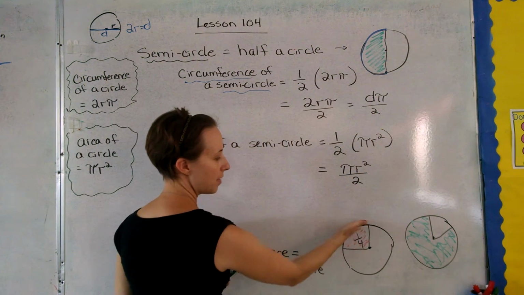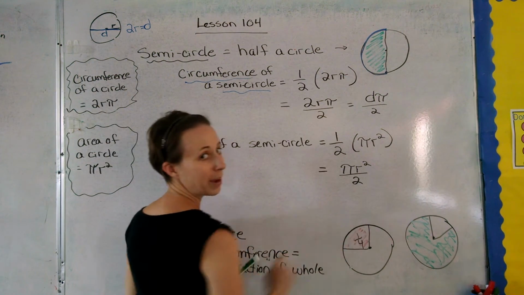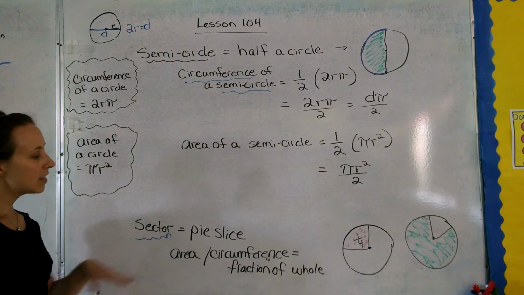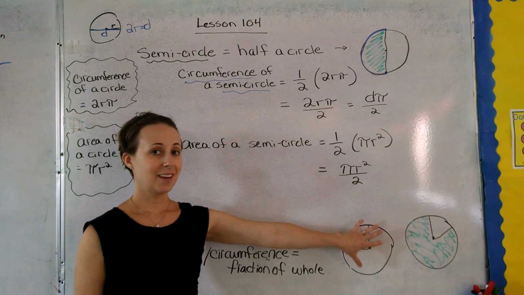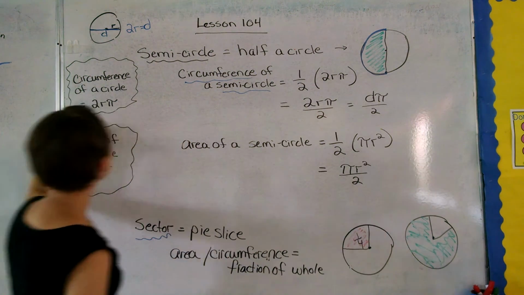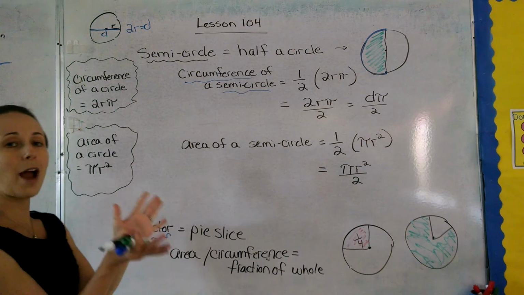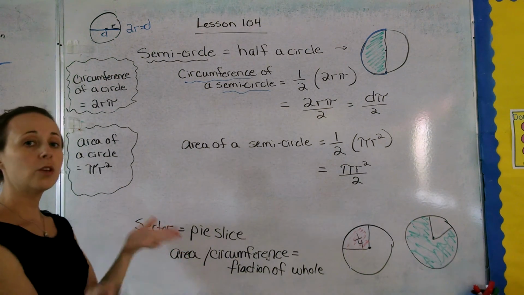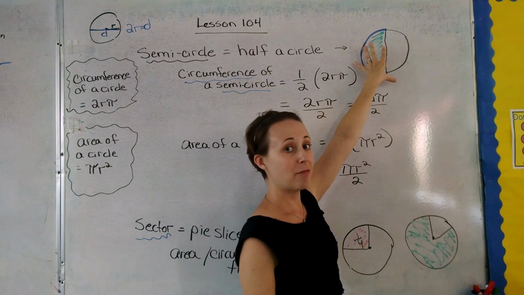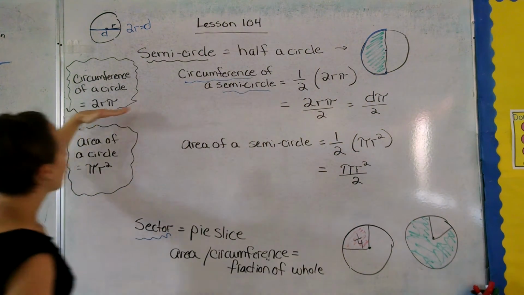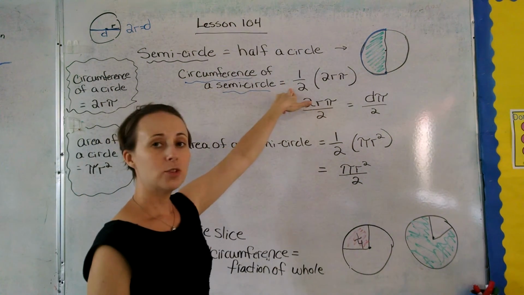So a sector goes from the outside of the circle to the center, and it will look like a pie slice. To find the area or circumference of a sector, all you need to do is use the same formulas we've already learned, but you need to figure out what fraction of that whole circle you want to represent. When we want to represent half of it, we take our formula for our whole circle and we divide it by 2.